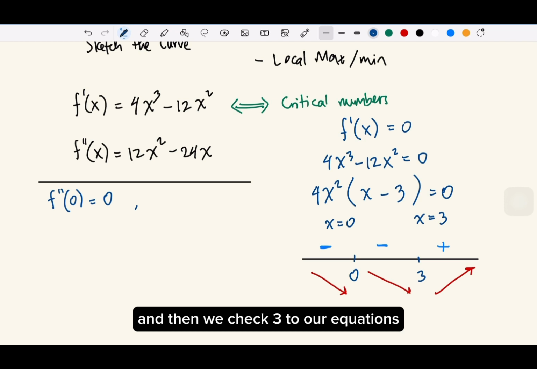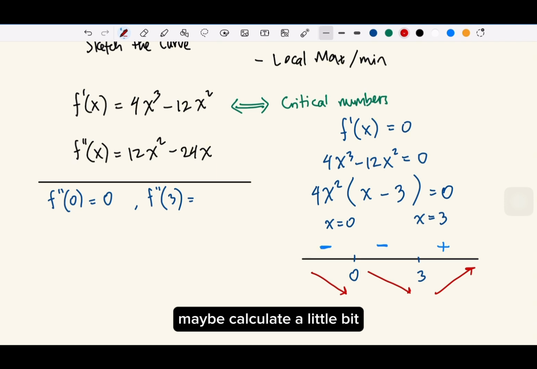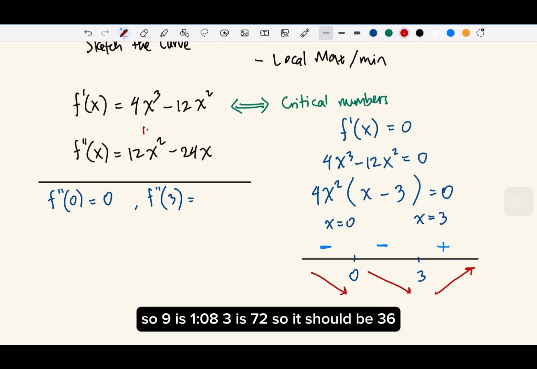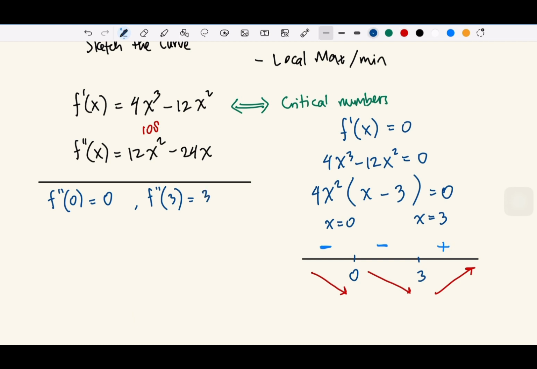And then we check 3 in our equation. So 9 times 12 is 108, 3 times 24 is 72, so it should be 36. So this will be positive.